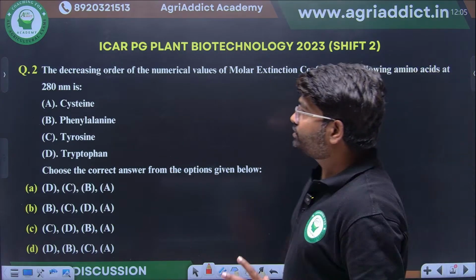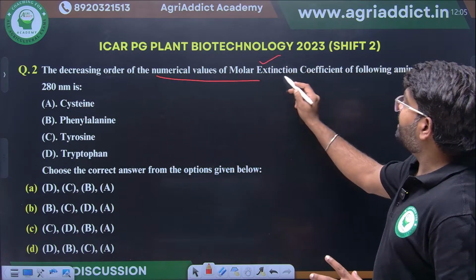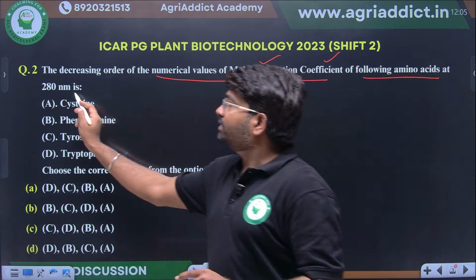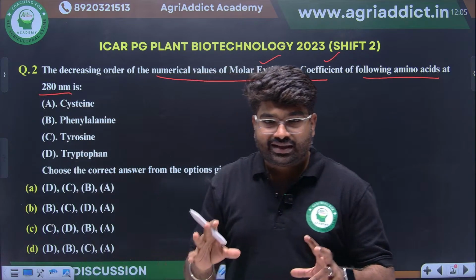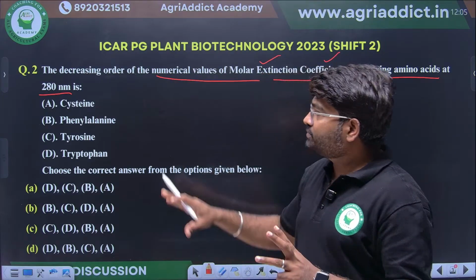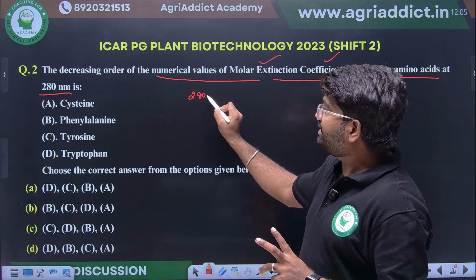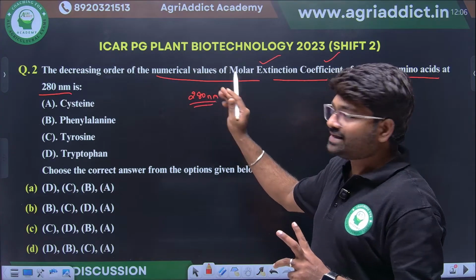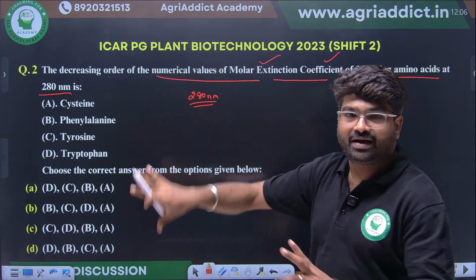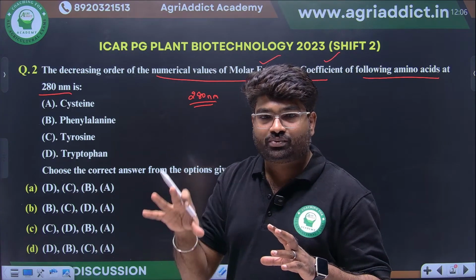Second question. The decreasing order of numerical value of molar extinction coefficient of the following amino acids at 280 nanometer. We know that aromatic amino acids particularly will absorb light at a particular wavelength, that is 280 nanometer. They are asking the order: which will have the higher molar coefficient among the aromatic amino acids, followed by which one has the lower.